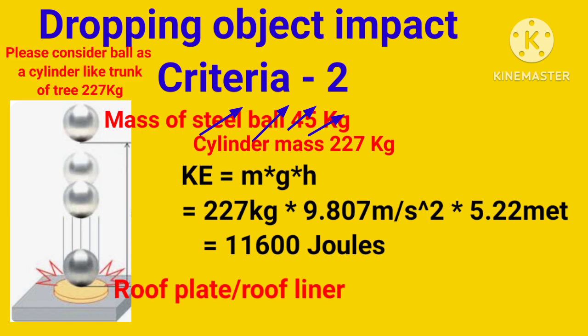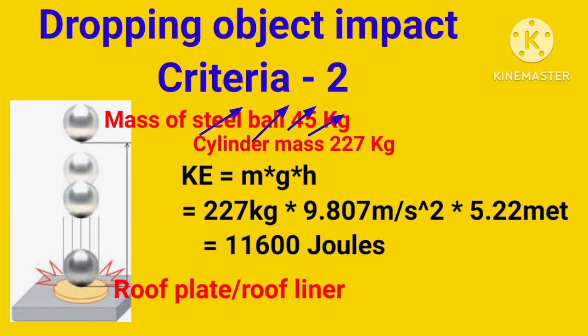So the formula becomes kinetic energy equals mgh, where m is the mass of the trunk, or you can consider the mass of the cylinder which we are going to hit on the roof plate. It should be 227 kg.